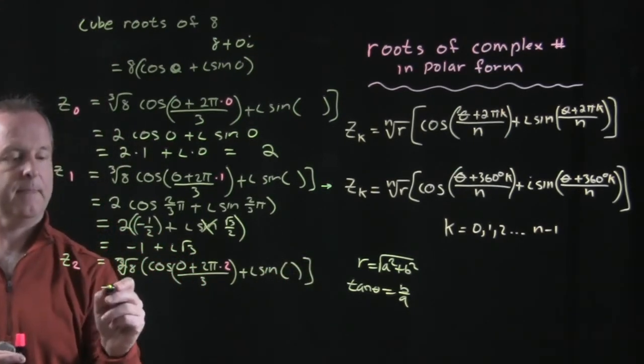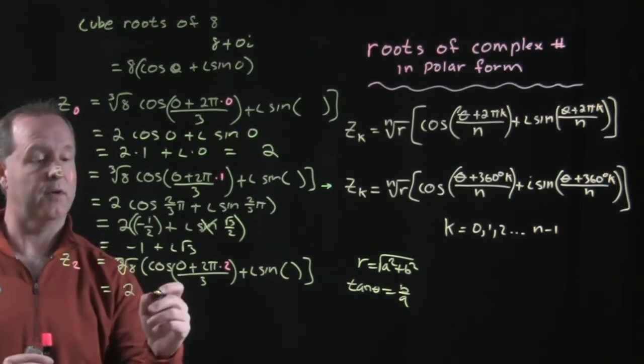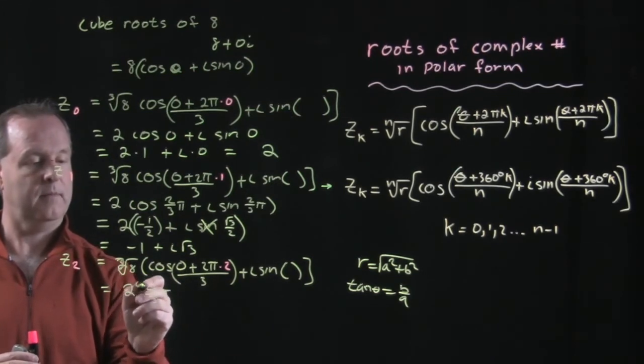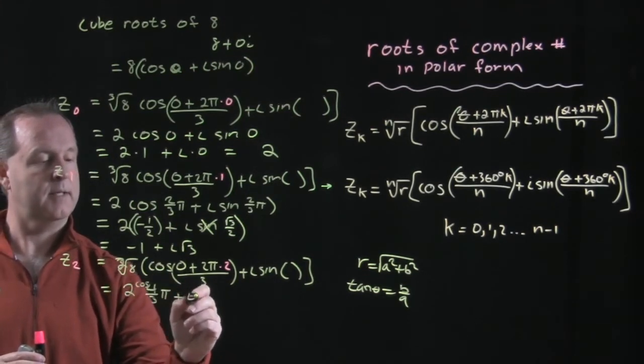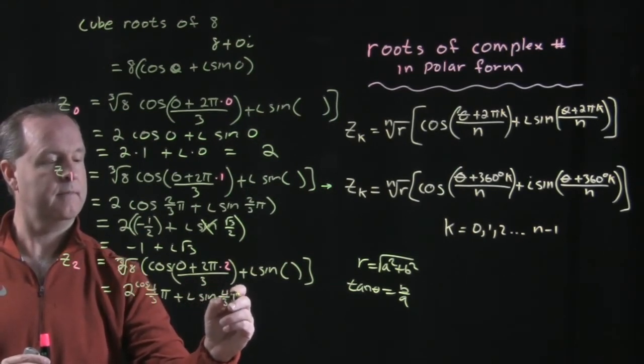Cleaning that up, that's going to be a 2 cosine of 4/3 pi this time, plus i times the sine of 4/3 pi.